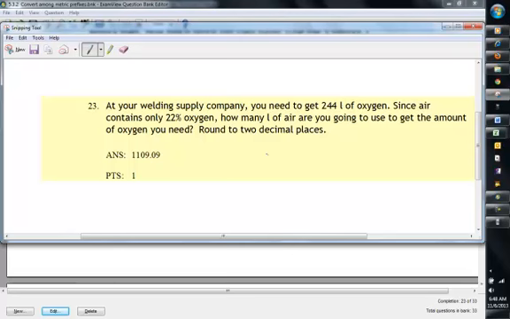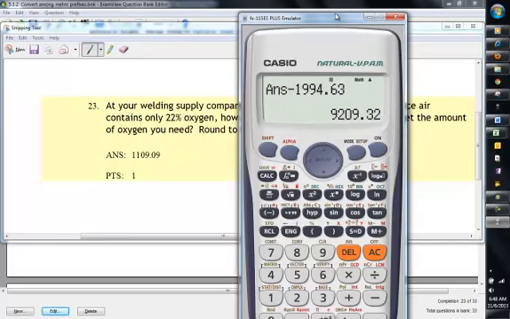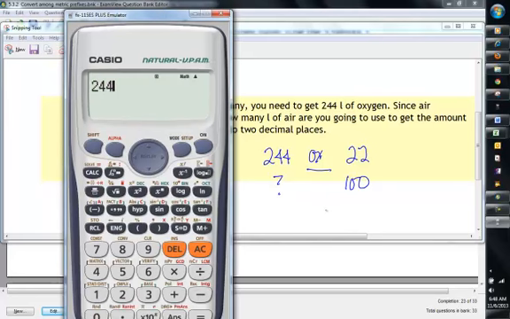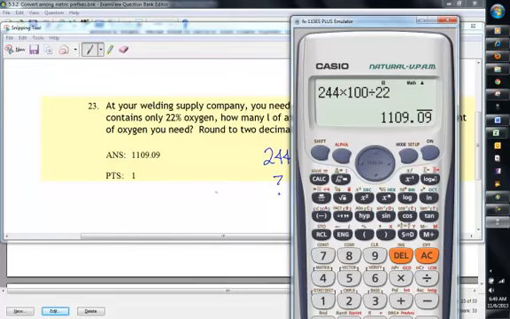Okay, so we need 244 liters of oxygen, but oxygen is only 22% of air. Air is 100%. So how much air are we going to need? Cross multiply and divide. 244 times 100 divided by 22 is 1,109.09.